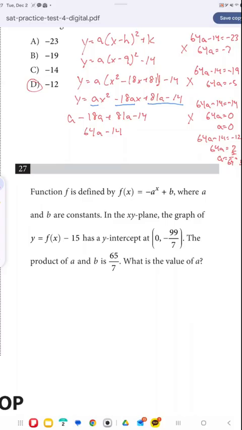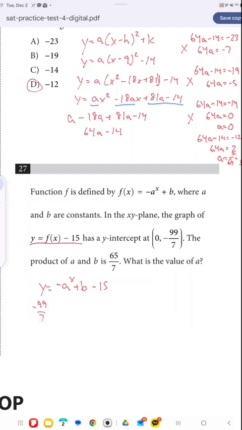So we start by looking at what this equation is. We know that f of x is negative a to the x plus b, and then we have minus 15. For this equation here, we know that the intercept is (0, negative 99 over 7).